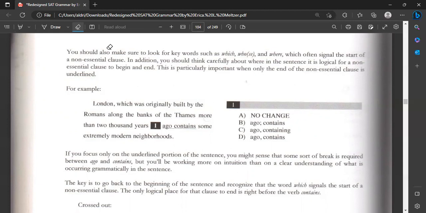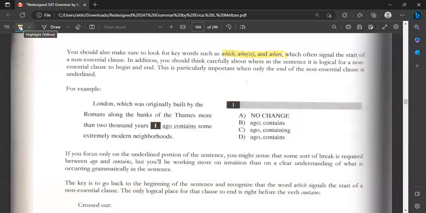They will often show you that a non-essential clause is being set up or is supposed to be set up. Remember, not all sandwiches denote non-essential clauses, but again, make sure you pay attention to these words: which, whose, and where. Usually, these signal the beginning of a non-essential clause.